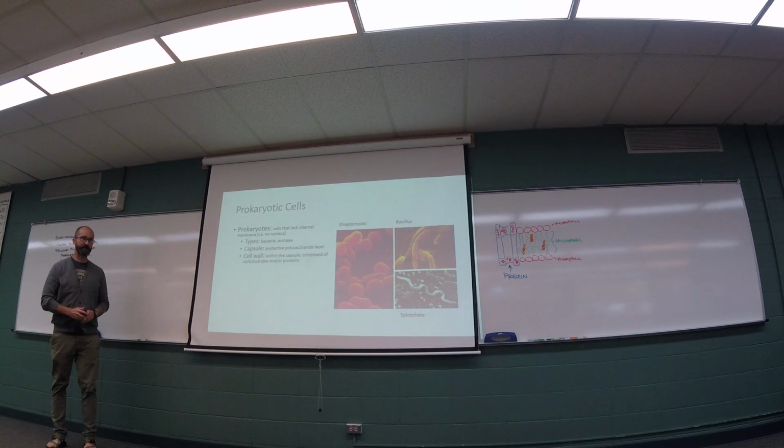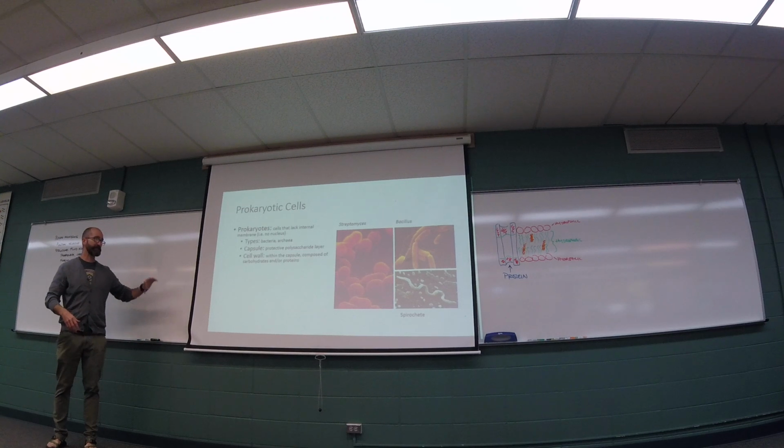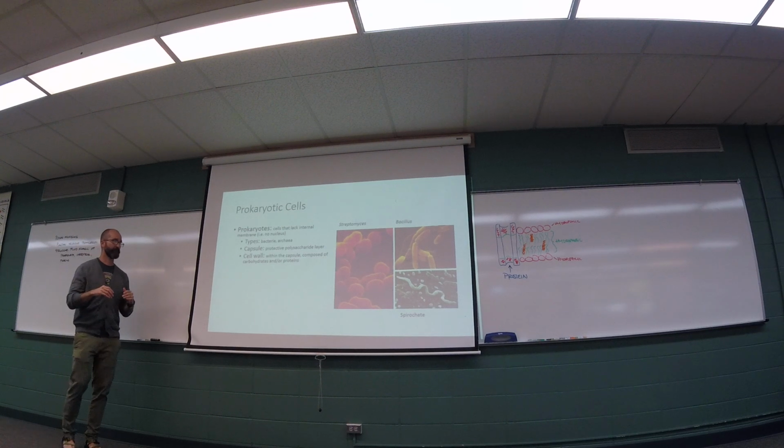So they have a capsule, then inside the capsule they have a cell wall, and that cell wall can either be composed of carbohydrates and proteins or proteins. The structure really varies. So hopefully at some point y'all will take microbiology, and you're going to be testing for the difference between gram-positive and gram-negative bacteria.